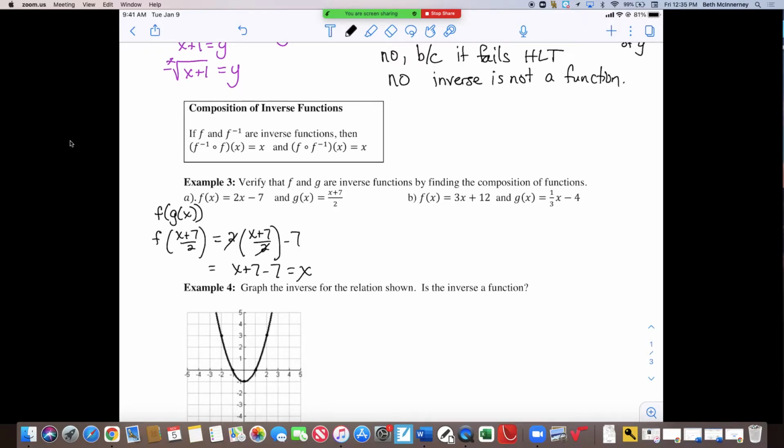There's one right there. All right, now I'm going to do the reverse order. This box says both directions have to equal x. Okay, both directions, f of g of x and g of f of x, have to equal x. So f of x is 2x minus 7.